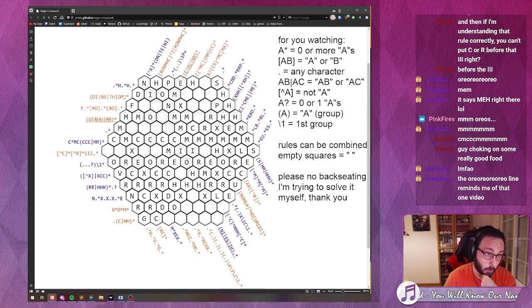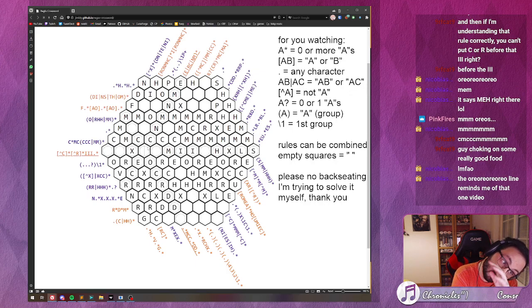So this one is either O or M. No, O or M. I can't put an O in this line. So this forces an M and forces an M here, and it forces an N behind it. Which I believe also forces something in this one. Or C, this forces an R here. So no R ends here.